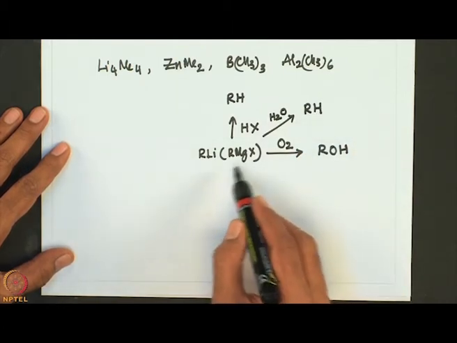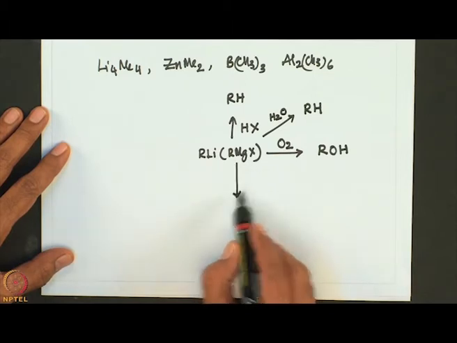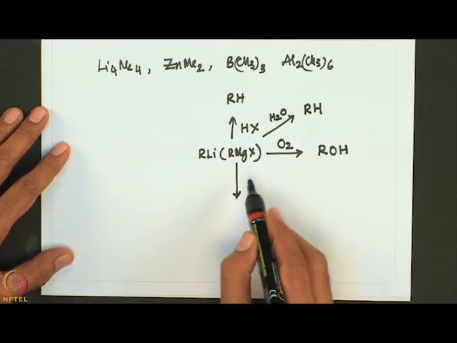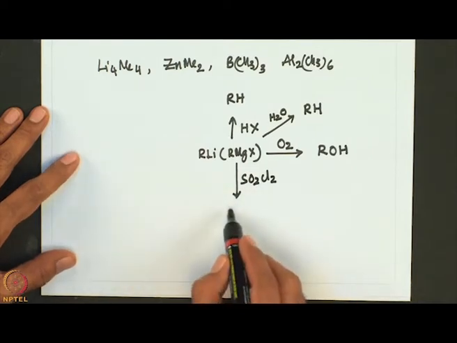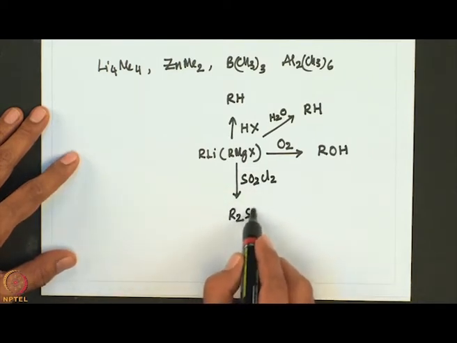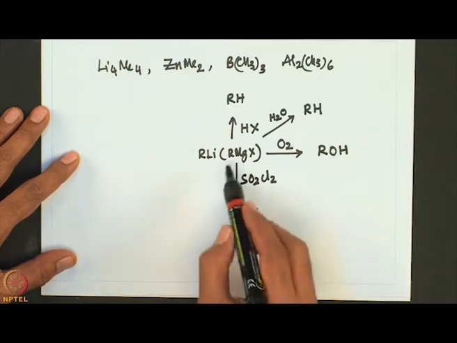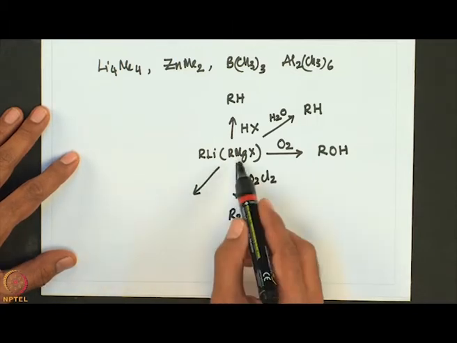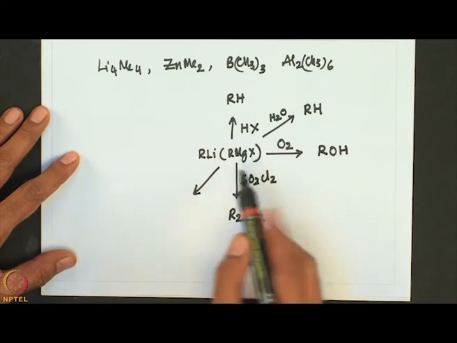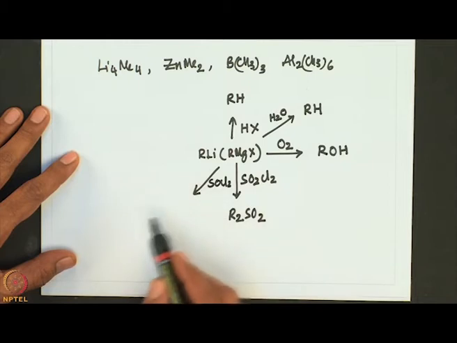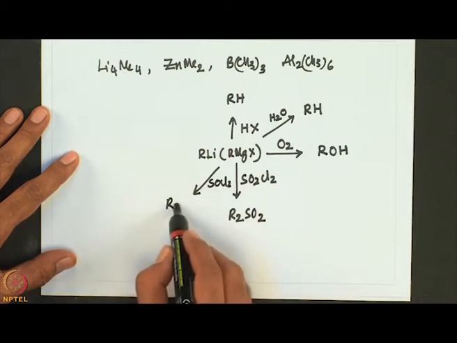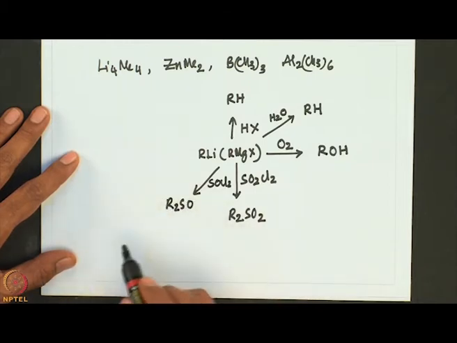And treatment of this one with sulfuryl chloride, SO2Cl2, leads to the formation of R2SO2. Similarly, treatment of RLi or RMgX with thionyl chloride leads to R2SO.